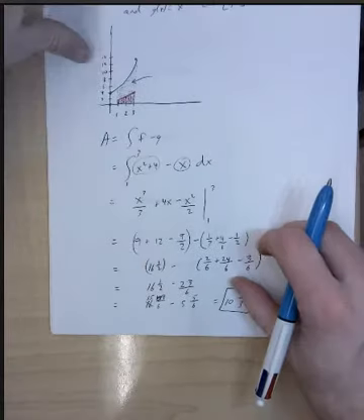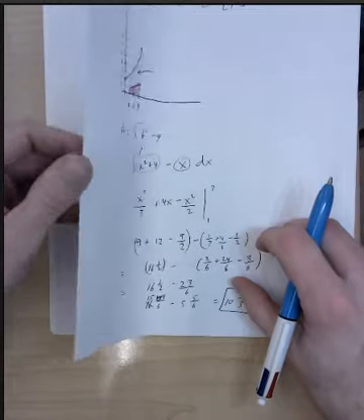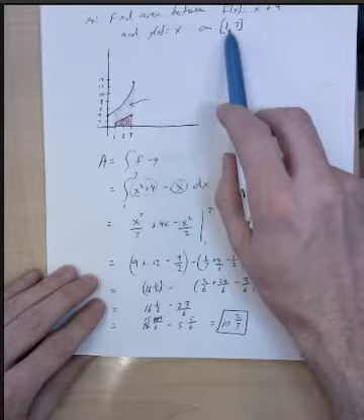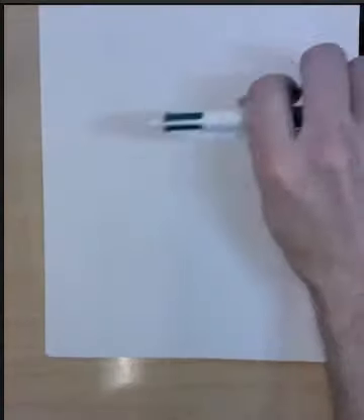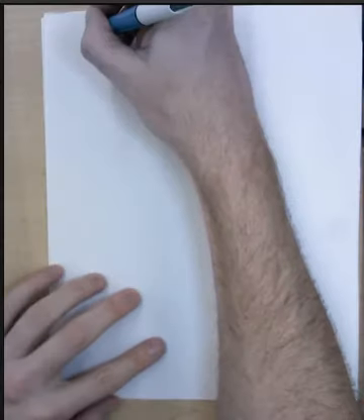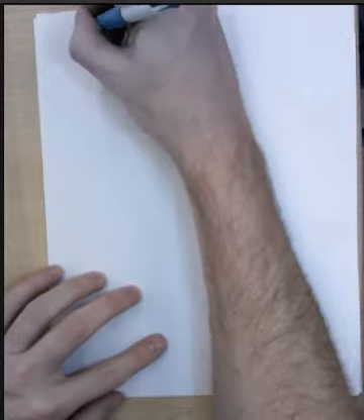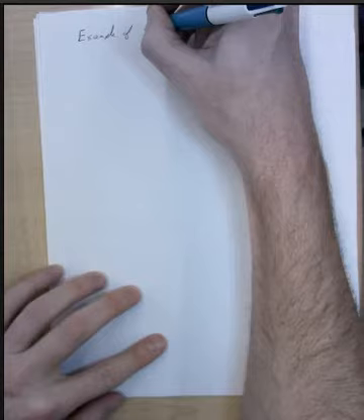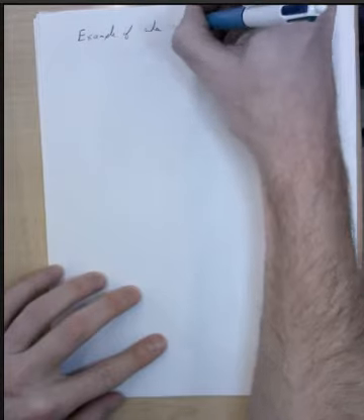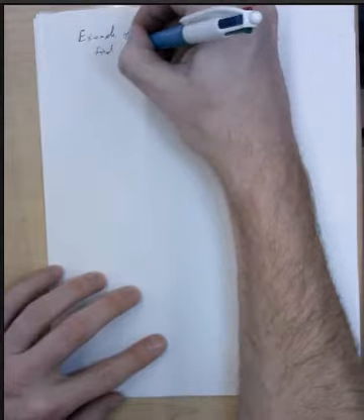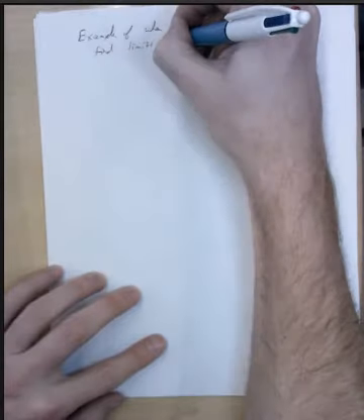And a more complicated example comes in when we're not given the limits of integration and we have to actually figure those out. So an example of when we'd have to figure those out is when, I'm going to title this diagram here, example of when you need to find limits of integration.